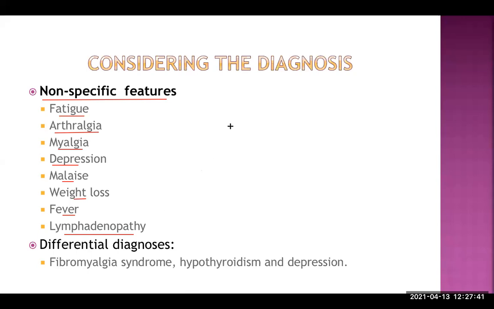All of these are common. That's why they are known as non-specific features. But in connective tissue disorder also they are present. So these differential diagnoses exist if these non-specific features are there. Fibromyalgia syndrome, hypothyroidism, and depression are important differential diagnoses of connective tissue disorder.